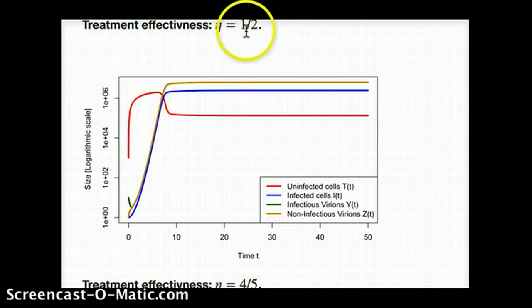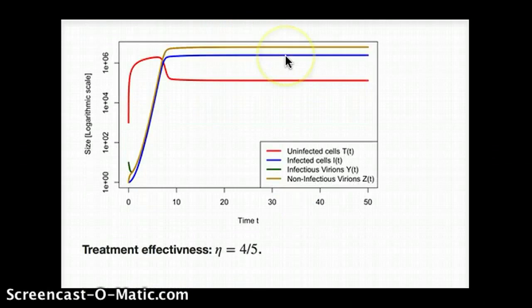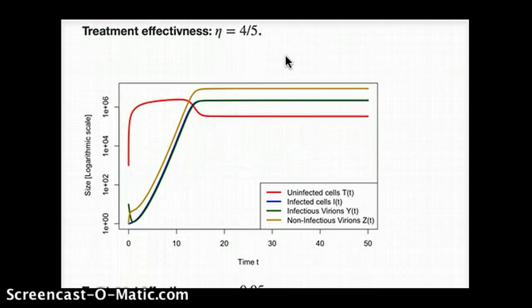Well, that's also by virtue of having a production rate that's split, is identical. But now, in this scenario, we can see how the amount of non-infectious virions is outcompeting, is larger than the amount of infectious virions.